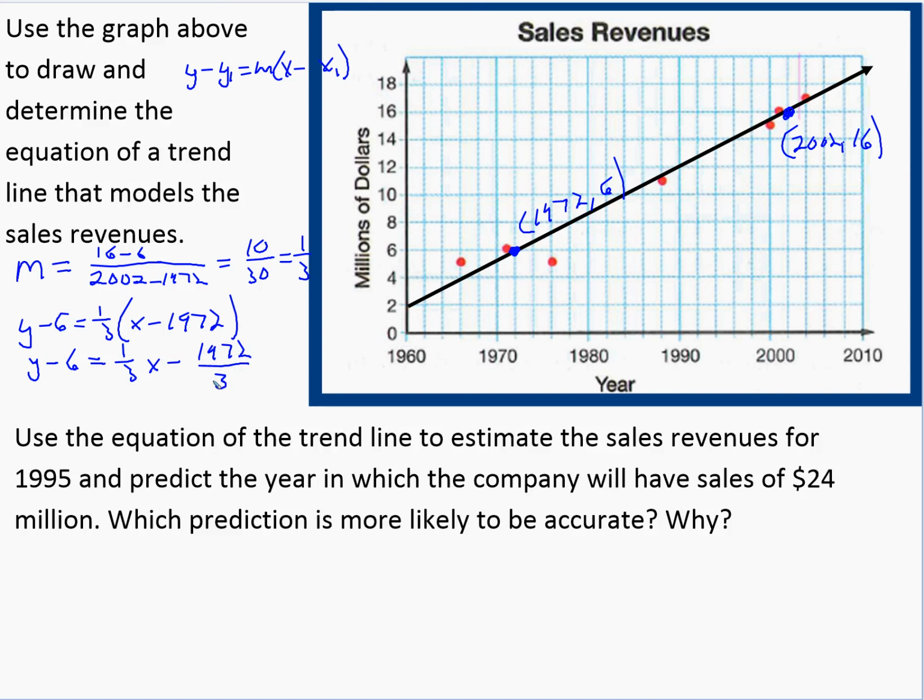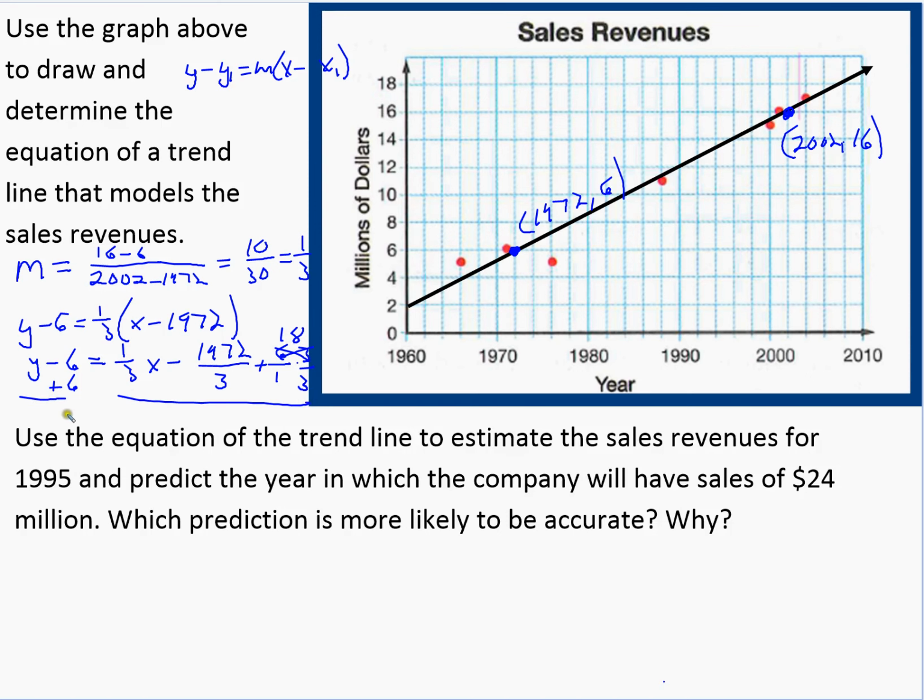And we can add 6 to both sides. Over here, when we add 6, we can get a common denominator, so we multiply by 3 over 3, which makes this really 18 thirds. So we get negative 1972 plus 18, which gives us a negative 1954.